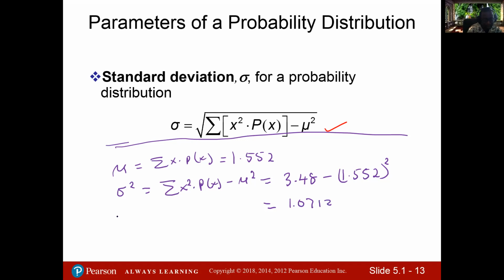Then the standard deviation is the square root of that value, or the square root of the answer, so that I can find that straight away.